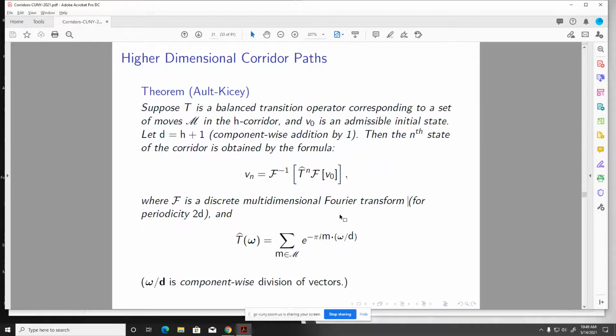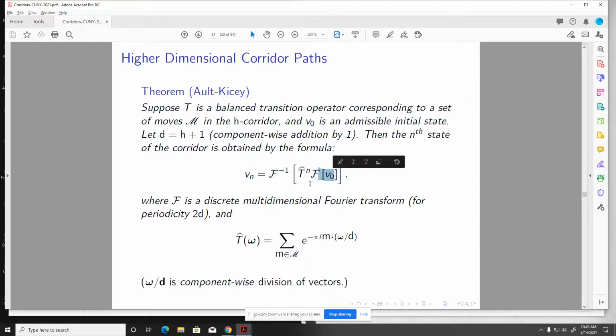The main theorem: if we do have a balanced transition according to that definition, again, sorry, I don't have the definition on the board, but if T is balanced and you have a set of moves M, and you have an admissible initial state, then the nth state of the corridor is going to be found by doing this process.